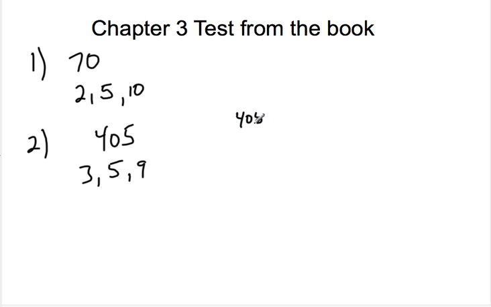But if you don't know that, we can divide by 3 and get 135, and get 45, so that's 3 again. And then 15, so we get 5. And then 135 is divisible by 3 because these add up to 9. And it is not divisible by 10.